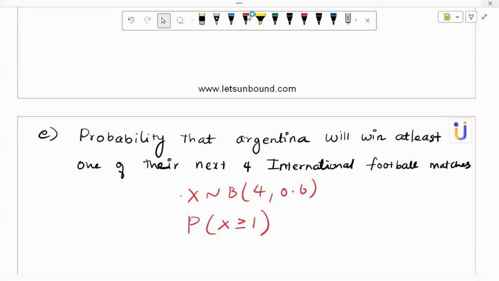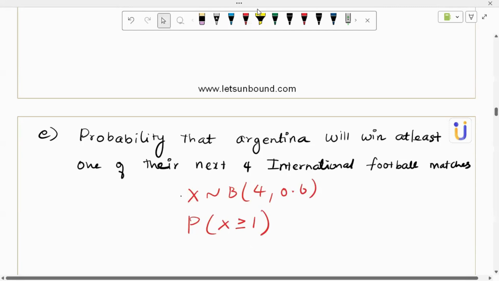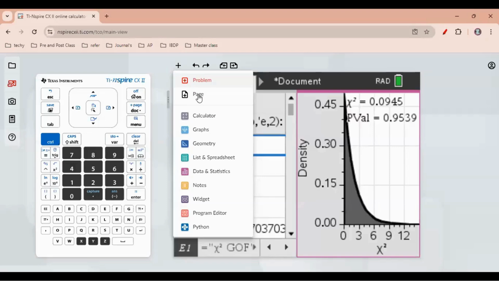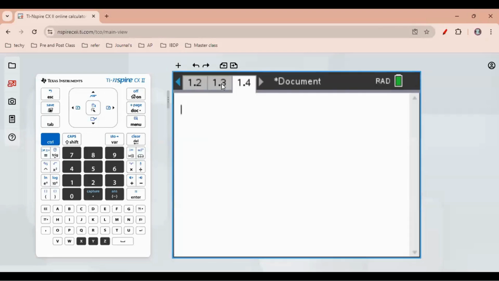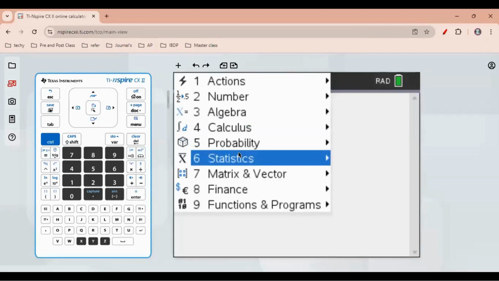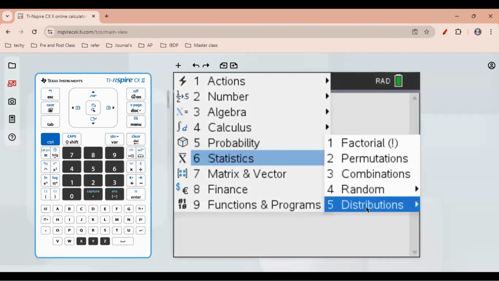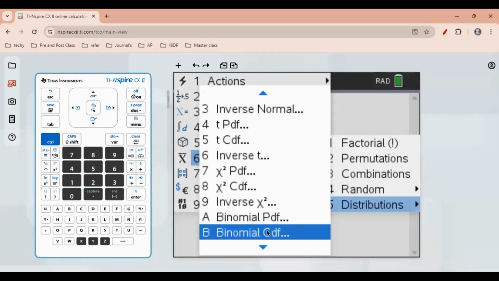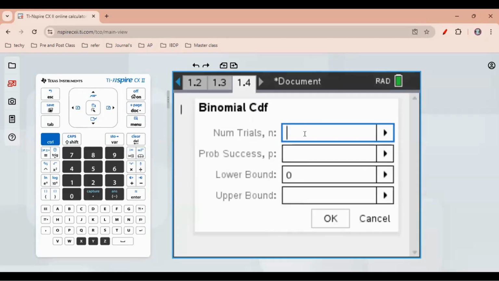And this also we can solve using GDC. Now, moving to the GDC part. Take a new page. Add a calculator. We are going to solve binomial distribution. And here it's a CDF, because we are looking for an interval greater than or equal to 1. So number of trials is 4. Probability of success is 0.6.